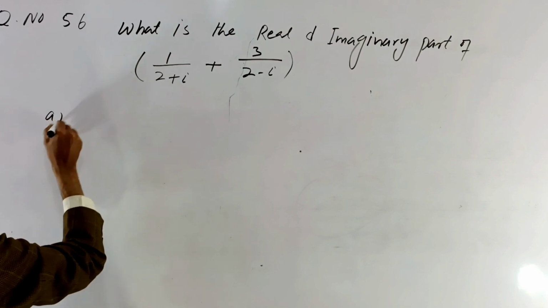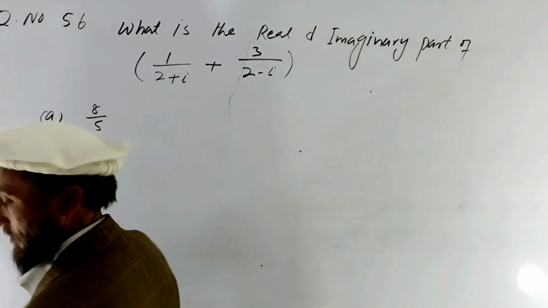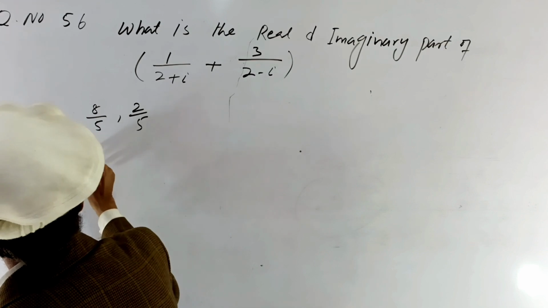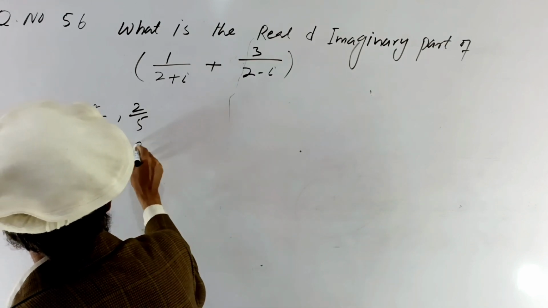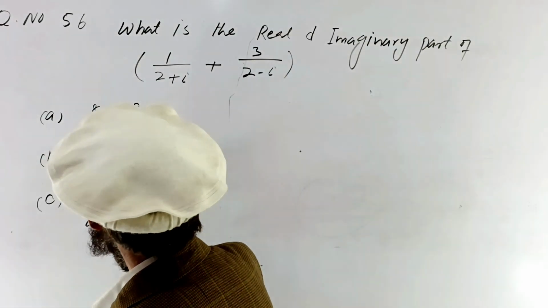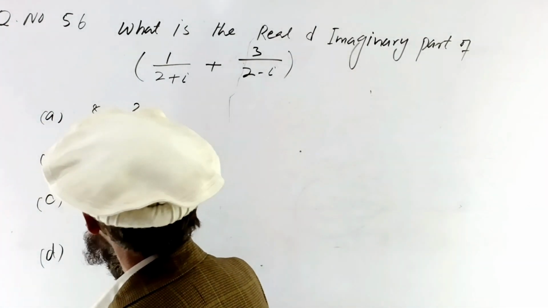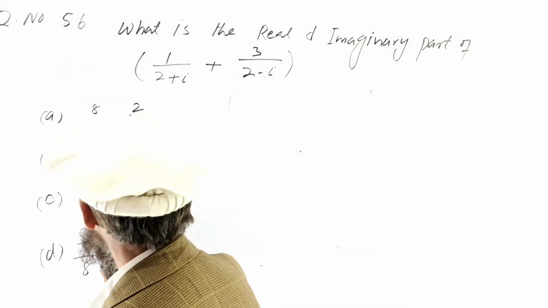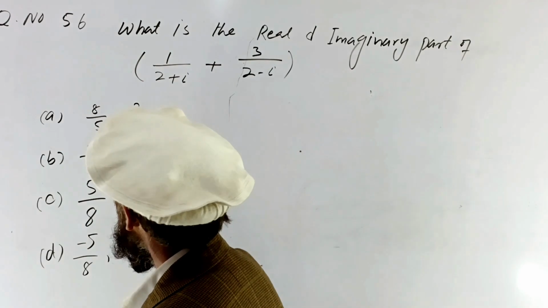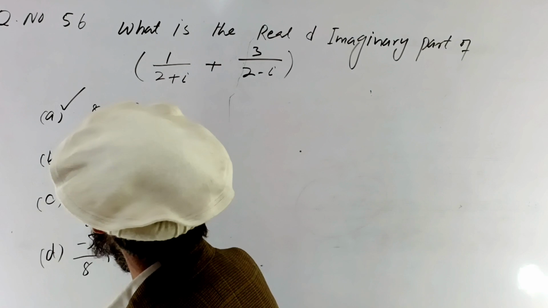Options: 8 divided by 5, 2 divided by 5; 2 divided by 5 and 8 divided by 5; 5 by 8 and minus 2 divided by 8. The correct answer is 8 divided by 5 and 2 divided by 5.